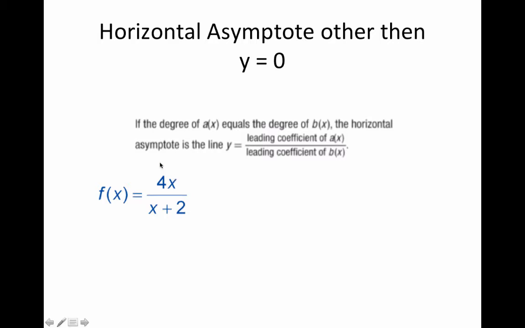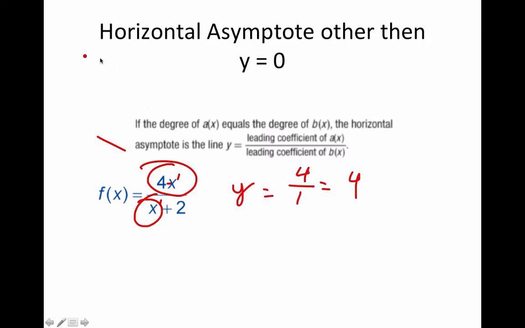So we have degree 1 on the top and degree 1 on the bottom. There's a little 1 there. There's a little 1 there. All you're going to do is you're going to take the leading coefficients and simplify them, which in this case it's y equals 4 over 1, which is 4. Again, if you just take the lead terms and simplify them, you get 4.